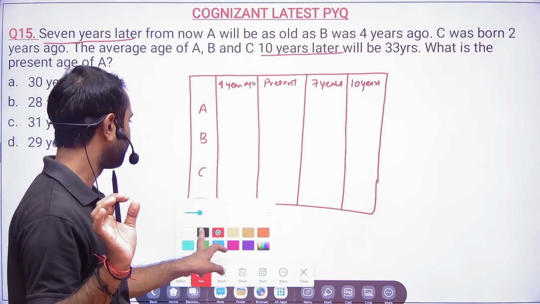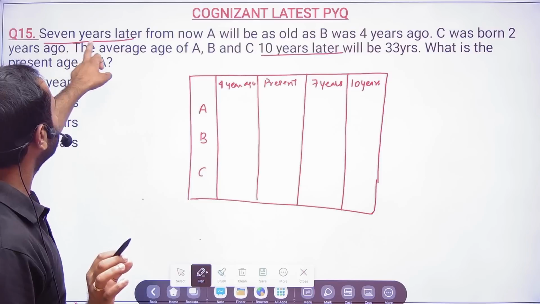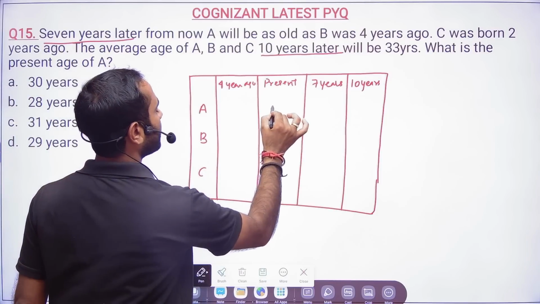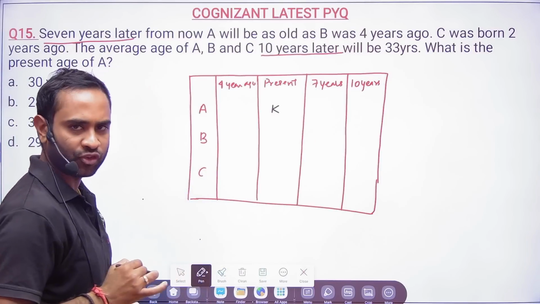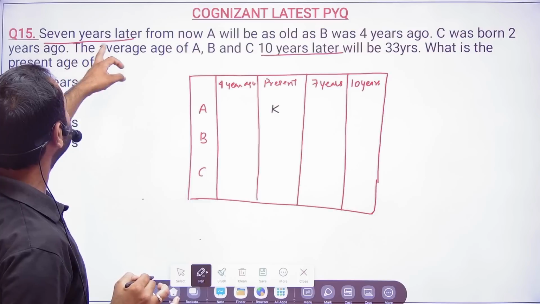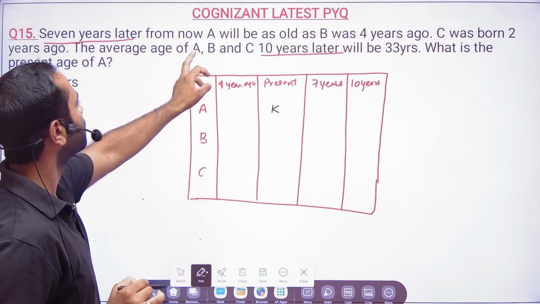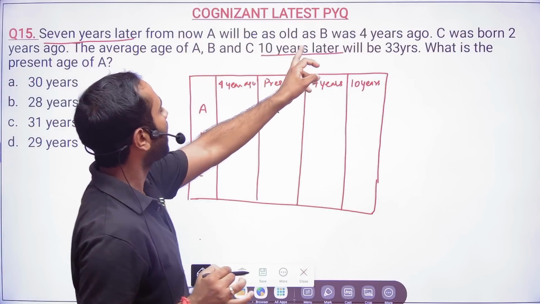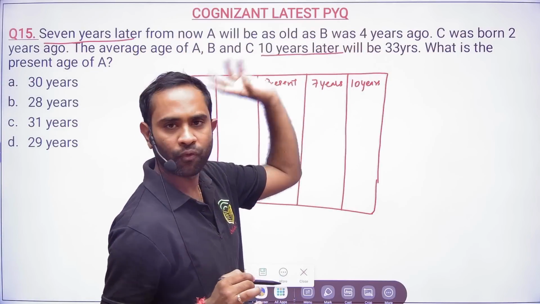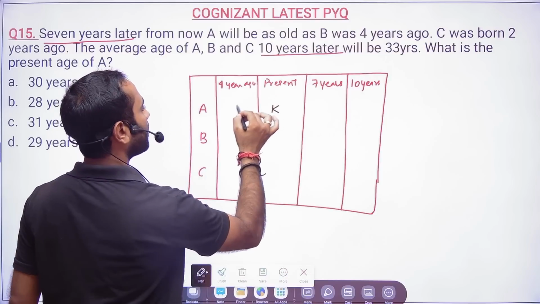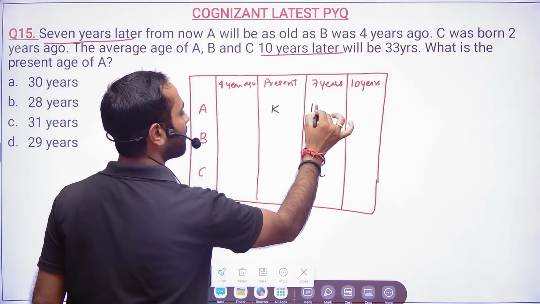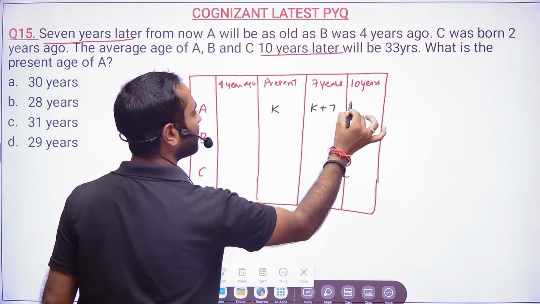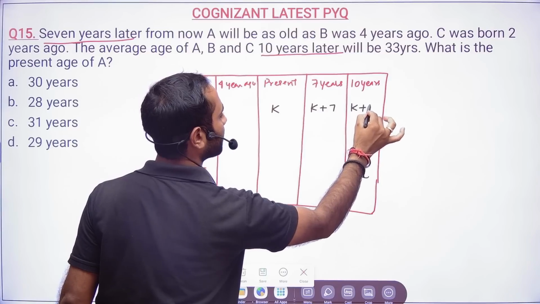Now let's see what they are telling, 7 years later. A's present age I am assuming as K. 7 years later from now, A will be as old as B 4 years ago. So A's present age is K. After 7 years it will be K plus 7. After 10 years it will be K plus 10.